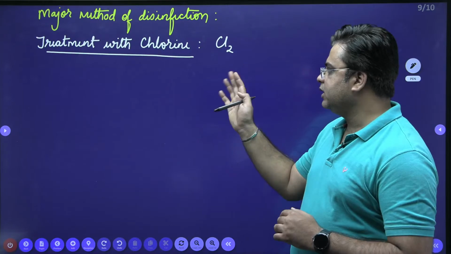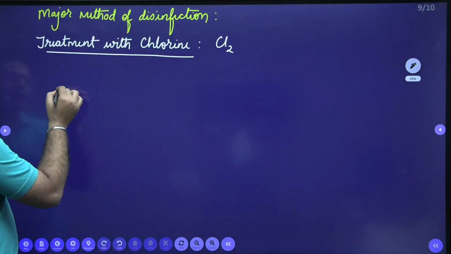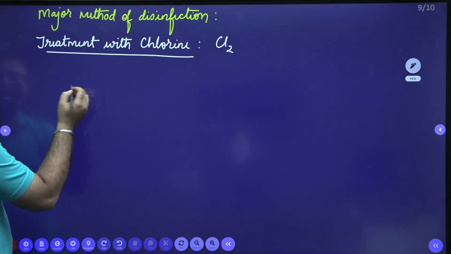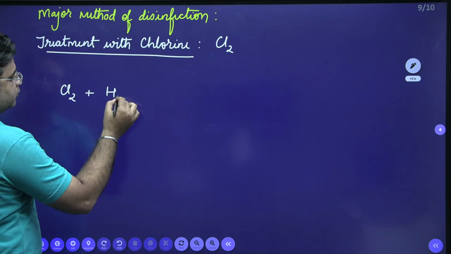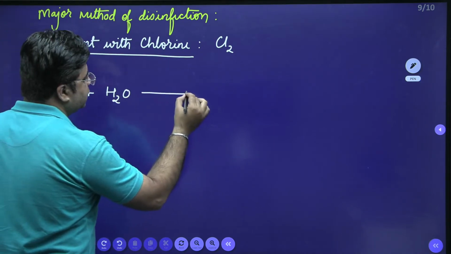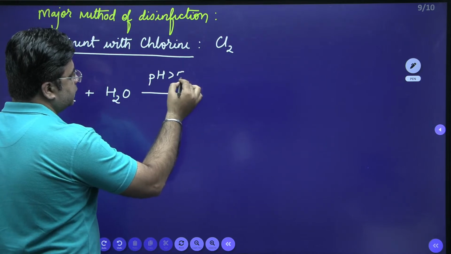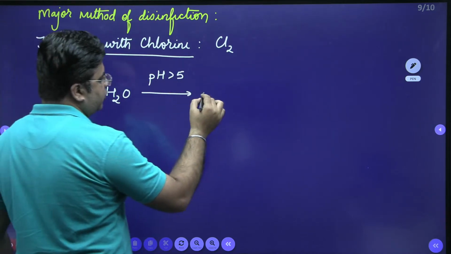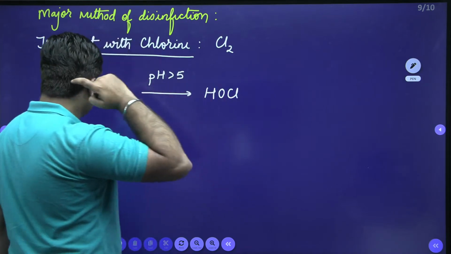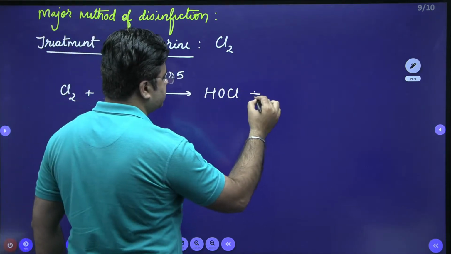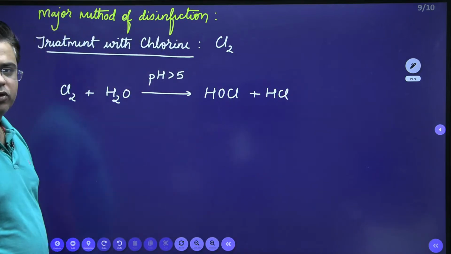Now see, how does treatment with chlorine happen? When you add chlorine to water, at pH more than 5, chlorine reacts with water to form hypochlorous acid.